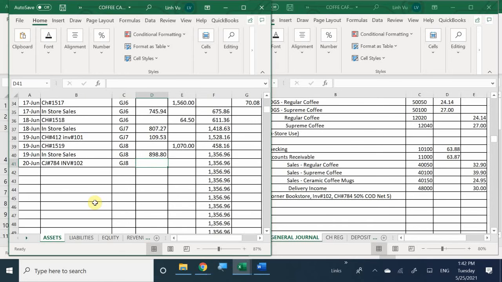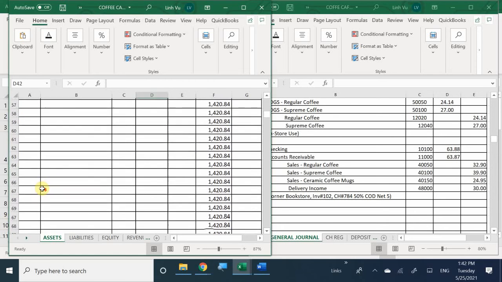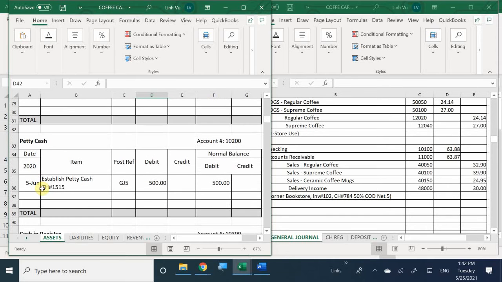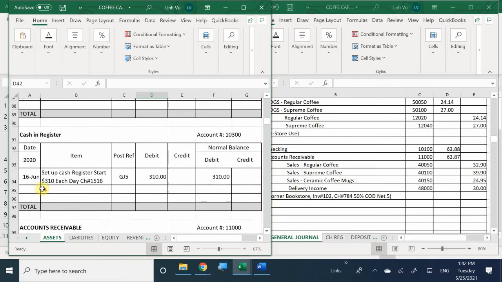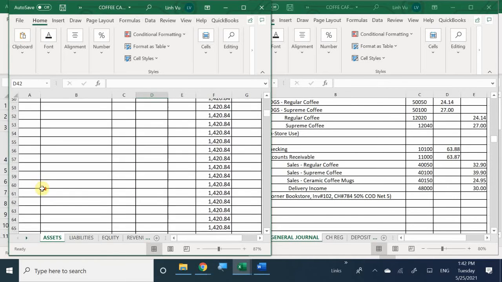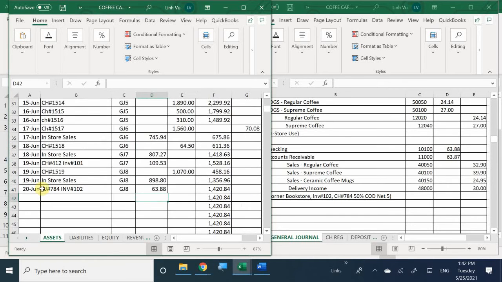Debit is 63.88, leaving us a balance of 1,420.84. I'm sorry, what was the balance? 1,420.84. Okay.